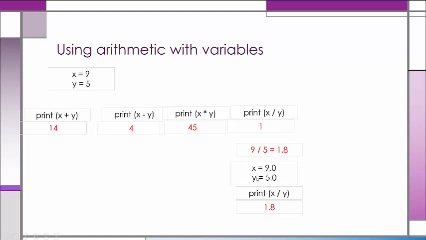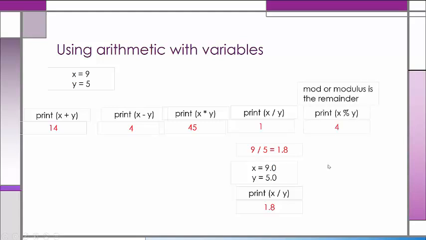We need to make sure we maintain all of the decimals. And so when we print out x divided by y, the calculation is made and the output will be 1.8. So here we're starting to really understand that we have to pay attention not only to declaring what type of data we are putting into our variables, but how that will affect our output as well.